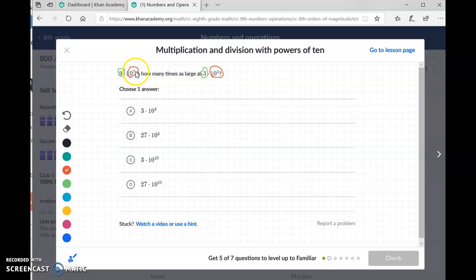It's obviously bigger over here. This is a way bigger number than this one over here. So what does that give us? If we have 10 to the 7th and 10 to the 3rd, we're going to subtract, so that we can see how much bigger this is. Well, 7 minus 3 is 4, so my answer would be A.